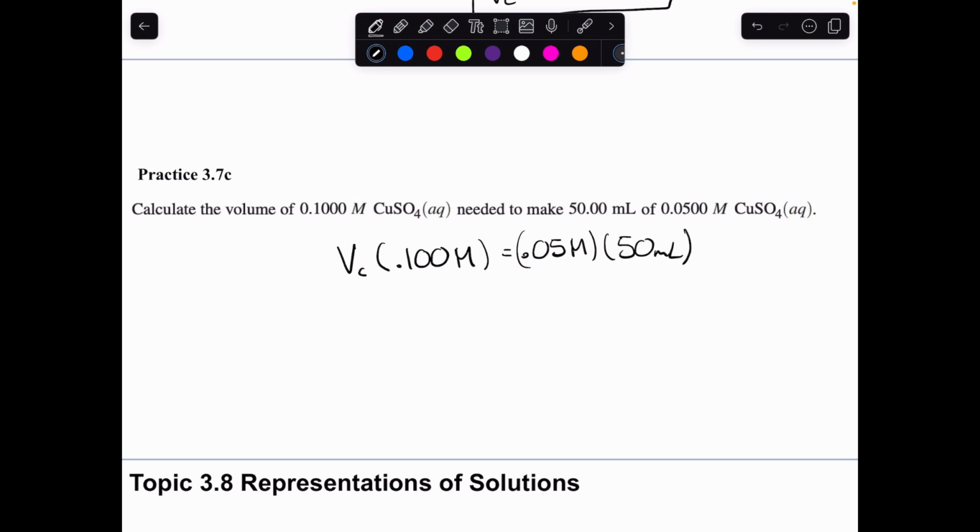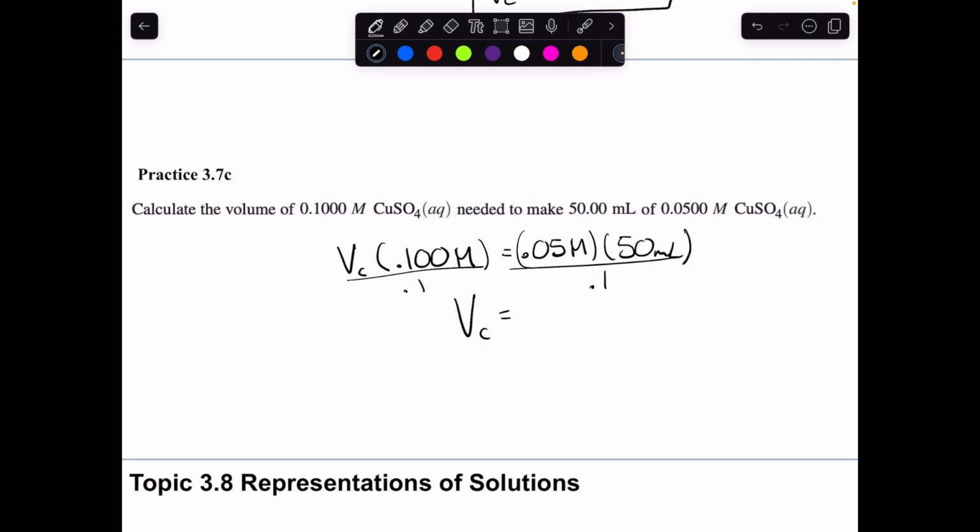All right, so there's my setup, plugging in my concentrated and my diluted values. I probably should have mixed it up a little bit and given you one slightly different, but hopefully you're seeing how this equation works together. So we have 0.05 times 50, divided by 0.1.